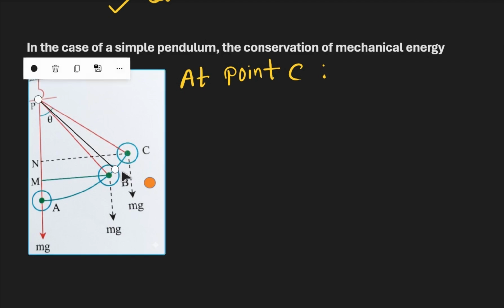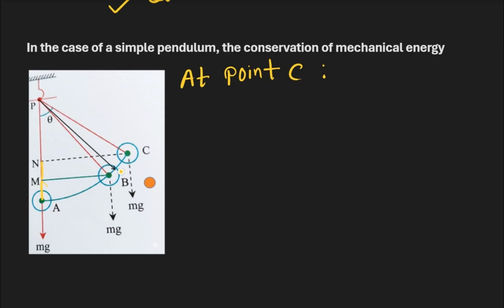Hope you understand this. So the first A to B height is AM, and then B to C height is MN, and the total height, which is the length of the cord or string, is PC, PB and PA, these are equal, right?